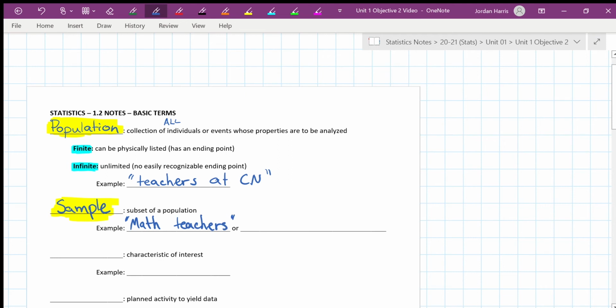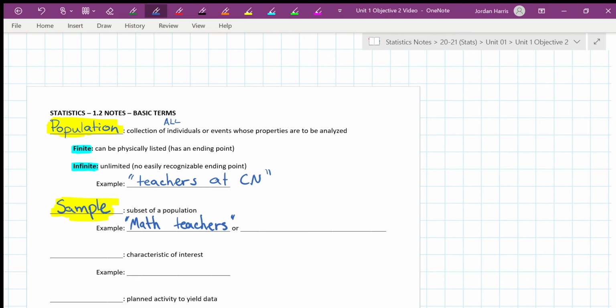If I was talking about trying to make conclusions about the teachers at Clovis North, math teachers are going to be very different from English teachers, are going to be very different from foreign language teachers, right? We would want a better subset of that. So we might not want to do math teachers. If we were talking about math teachers in Clovis Unified, we might use the math teachers at Clovis North.